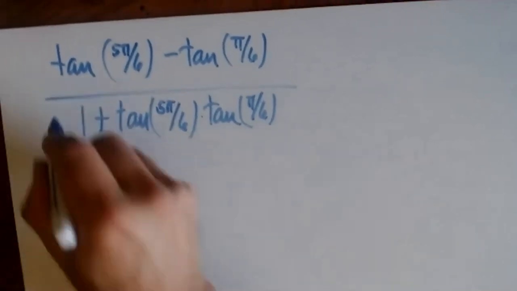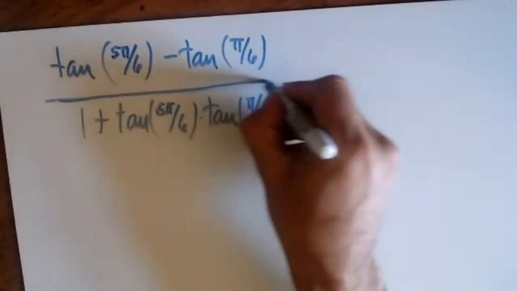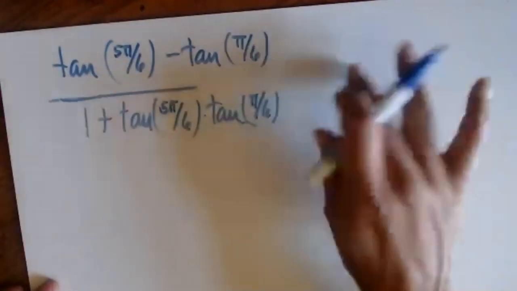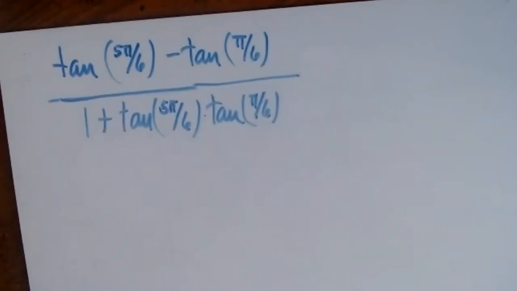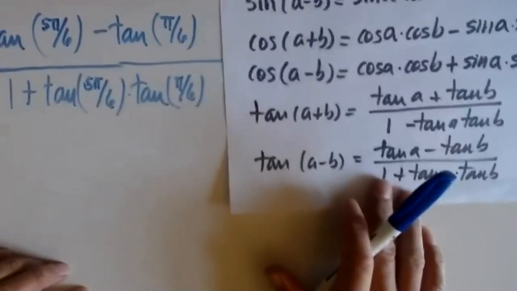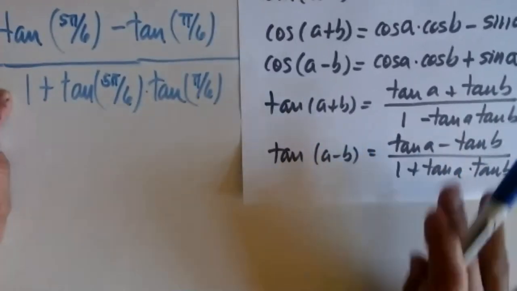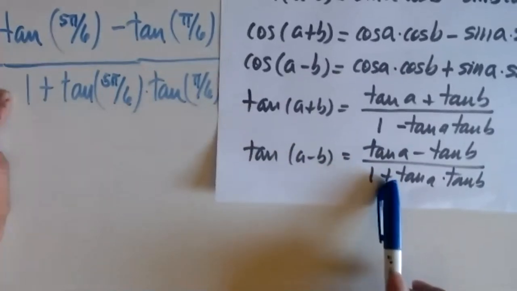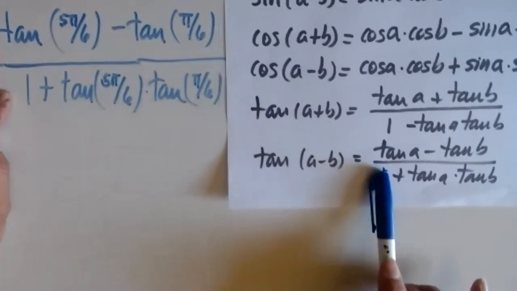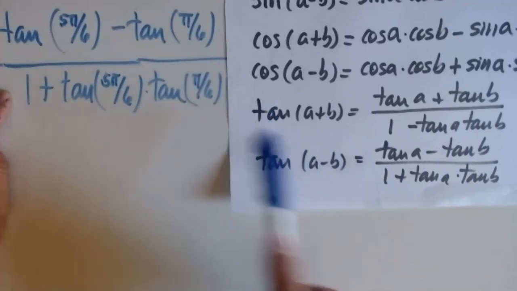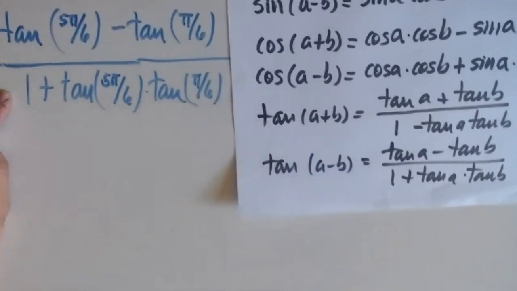Now remember, there are identities. You can change this expression that is very unfriendly to something better. So again, my formulas are right here. Now, this one right here looks like this one right here, you see? So if A is 5 pi over 6 and B is pi over 6, I can just subtract them and change with the tangent.